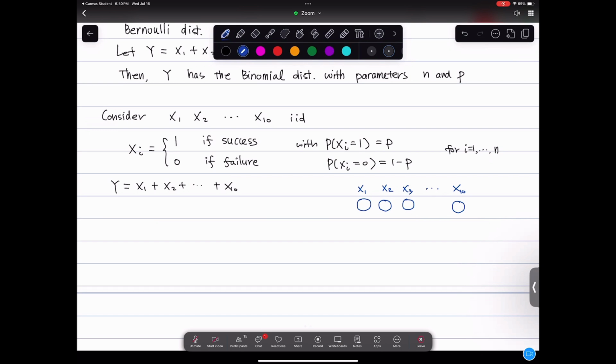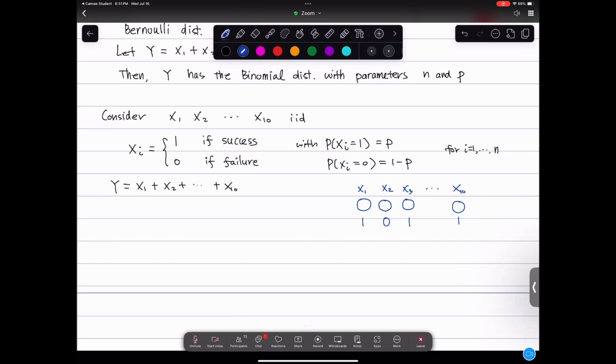According to this, your value of X1 can be 1 or 0. I don't know which, but let's make it up. It can be 1, so it's a success for the first item. The second one is 0, a failure. The third one is 1 again, and the fourth one is 0, and 1, and 0, and so on, up to 10.